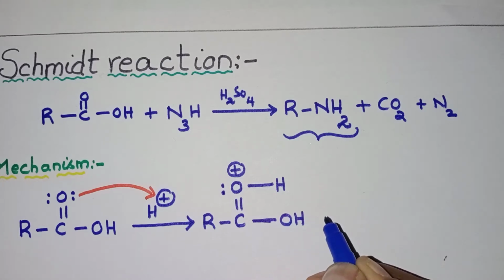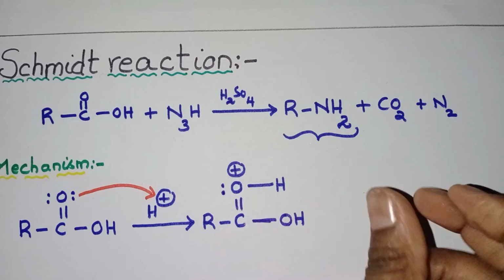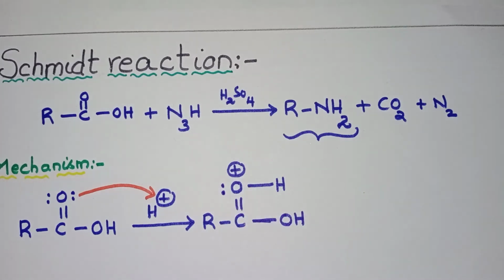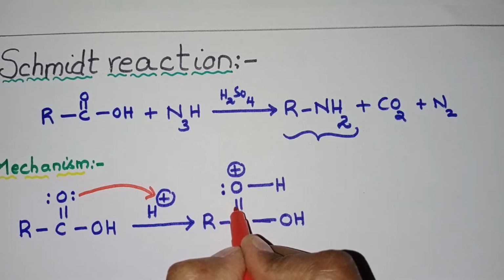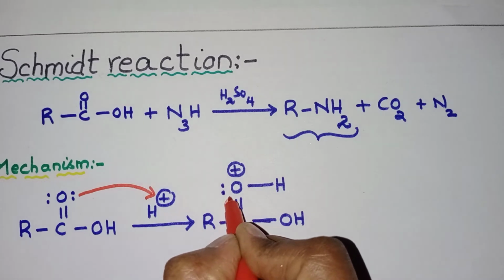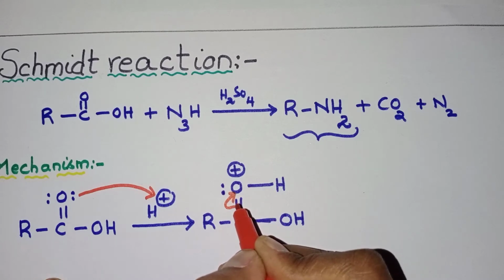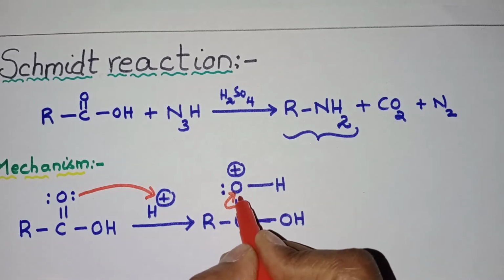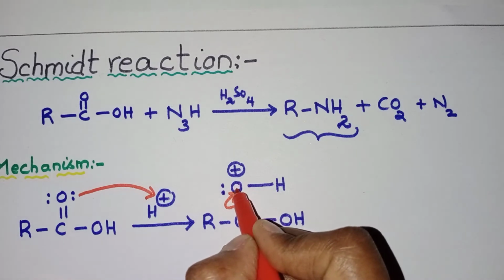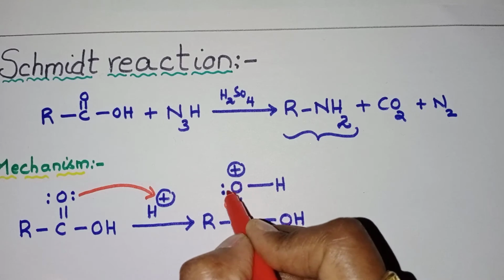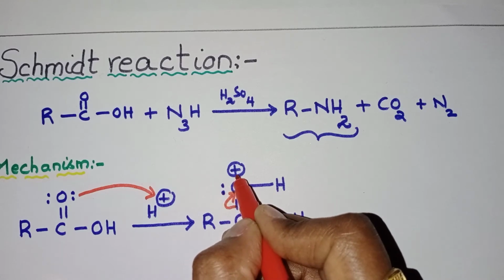Now, how will this positive charge on oxygen be satisfied? One of these pi bonds will be shifted towards oxygen. Here there is C double bond O. Oxygen shared its electrons with hydrogen, so now it has only one lone pair, hence the positive charge.